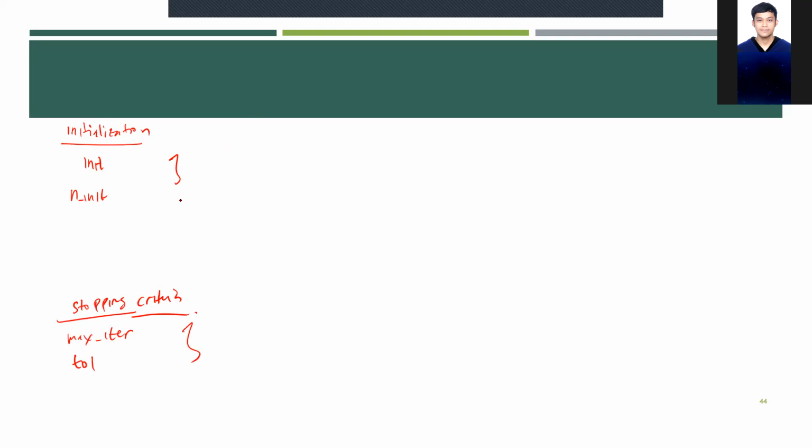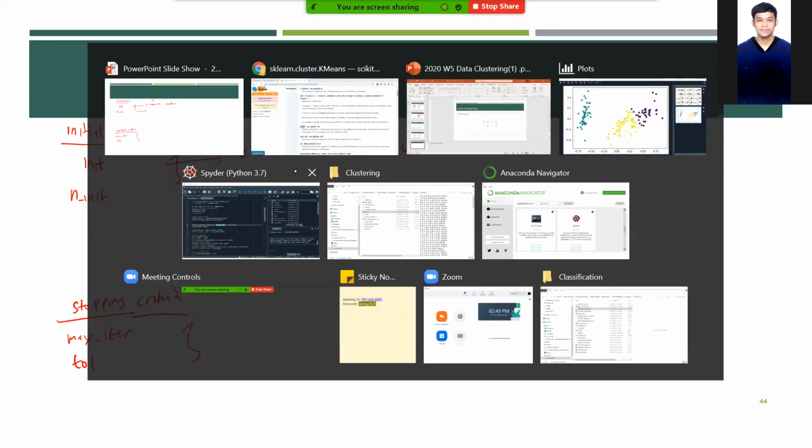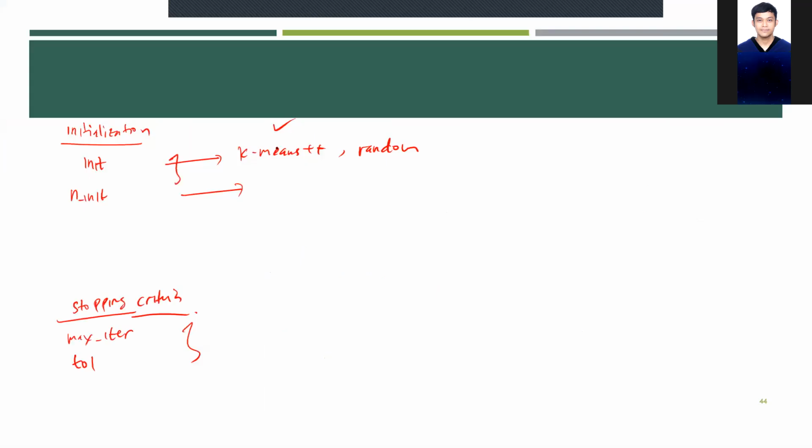Okay, if you ask me which one is the good initialization, we have two options: k-means++ or random. K-means++ is better than random, of course, but if we choose the better one, the computational time will usually be longer than random. And n_init is the number of centroid seeds that we try.